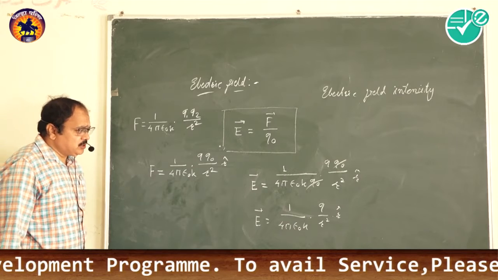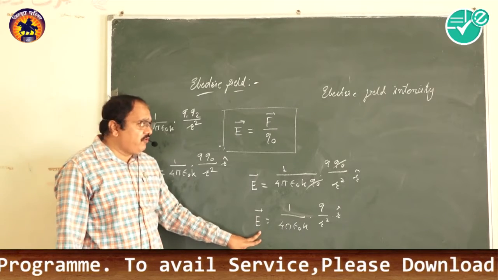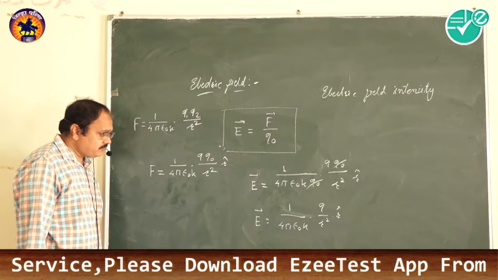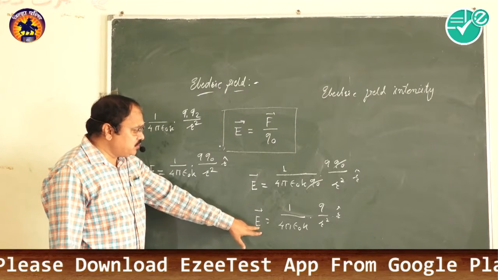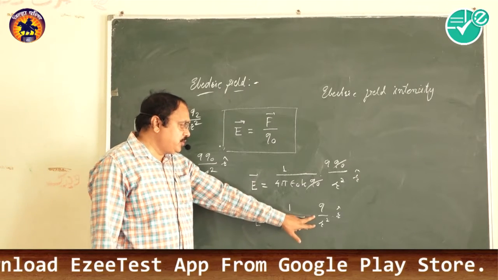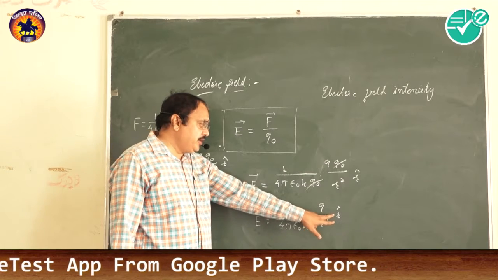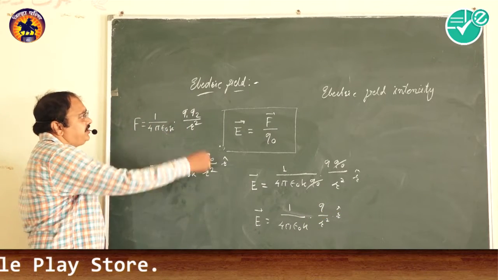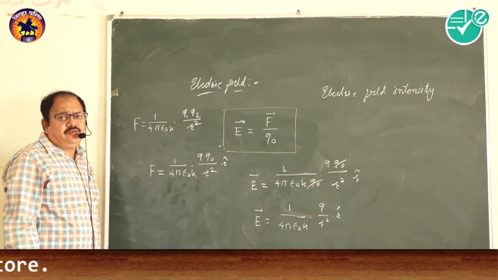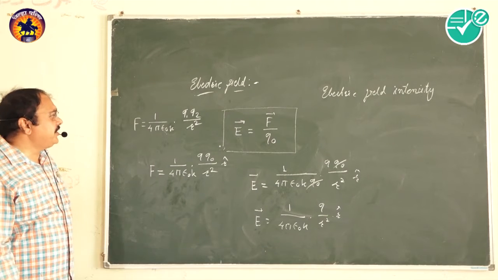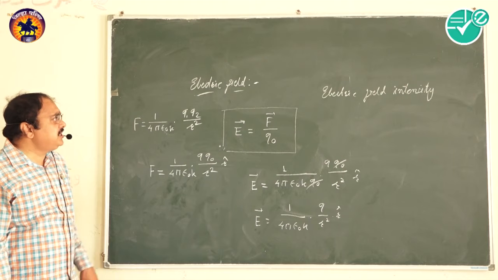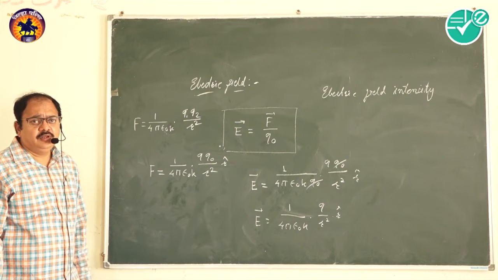Remember, this is also represented in the vector form because this is the electric field intensity. Vector E equals 1 upon 4 pi epsilon 0 K into Q upon R square into R cap. We repeat again, what is electric field? Electric field is nothing but the region around a charge, and that field experiences the electric force.